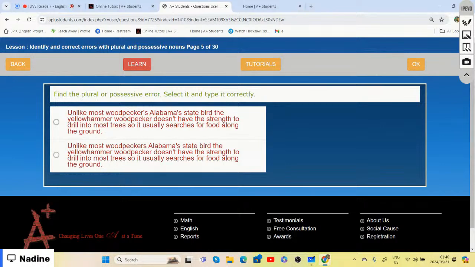All right, then if we were to choose the correct one, then we will say, unlike most woodpeckers, it's like, no, like Rudy the woodpecker. So one woodpecker, more than one woodpeckers. So unlike most woodpeckers, Alabama's state bird, the yellow hammer woodpecker, doesn't have the strength to drill into most trees, so it usually searches for food along the ground.